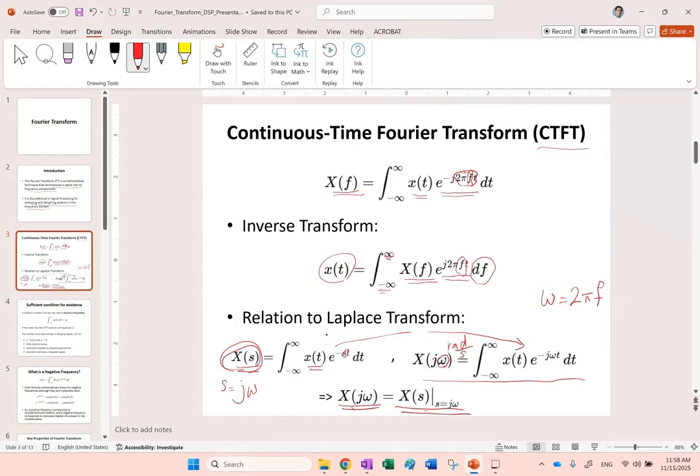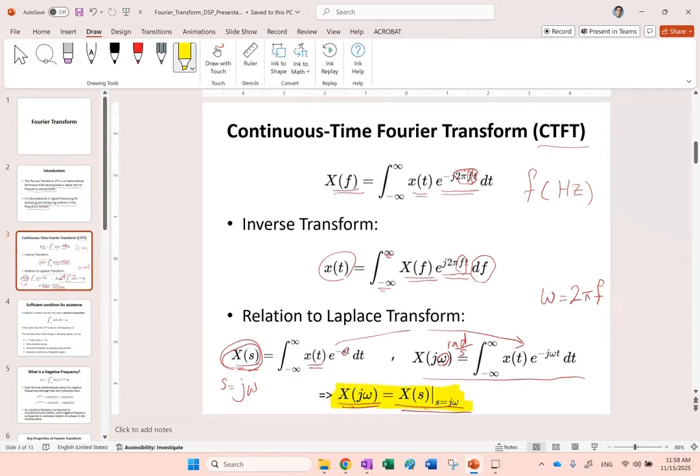This top one is in f, where f is in hertz. Okay, but these are equivalent to each other. So this is the relation between Laplace transform and Fourier transform. So we can either directly calculate Fourier transforms, or we can calculate Laplace ones and then replace s by j omega. And I'm going to do a bunch of practice problems for you so you learn how to do it.